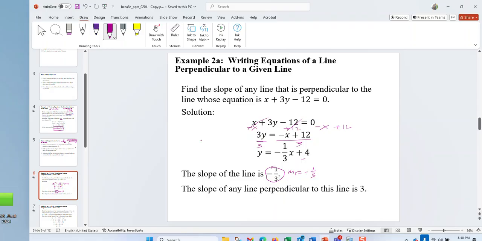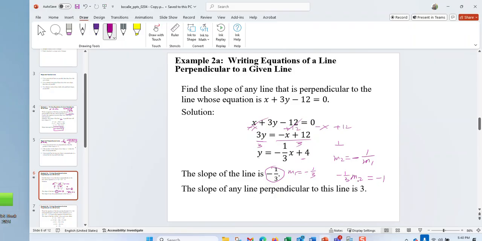Okay, and then where's my m2? Since this one is perpendicular, my m2 will be -1 over m1. Or m1 times m2, where m1 is -1/3, times m2 should be -1, and you solve for m2.